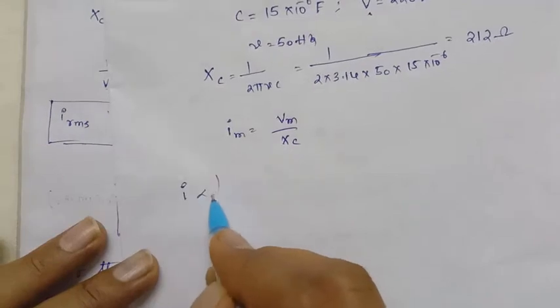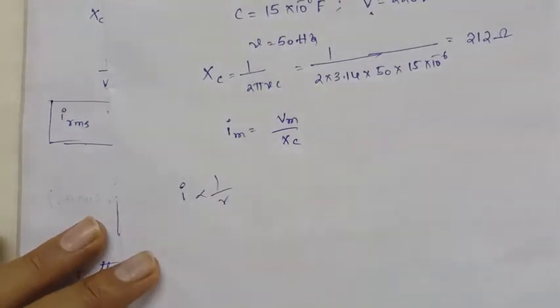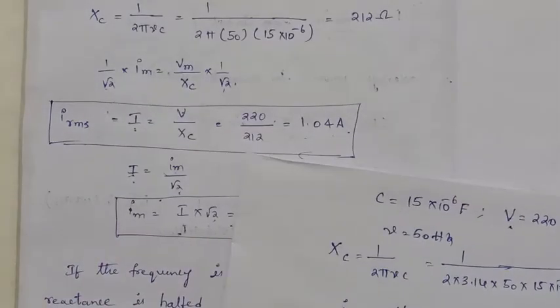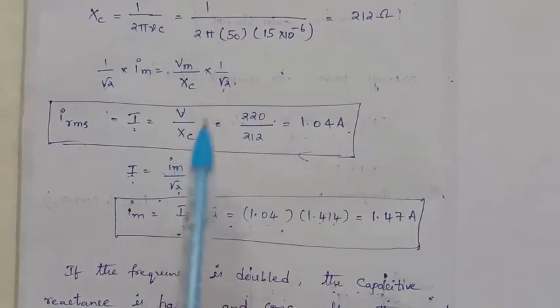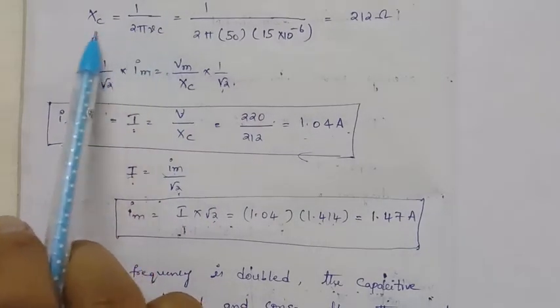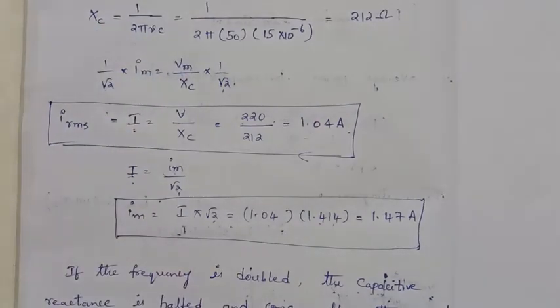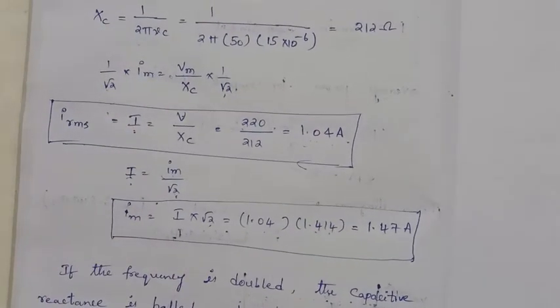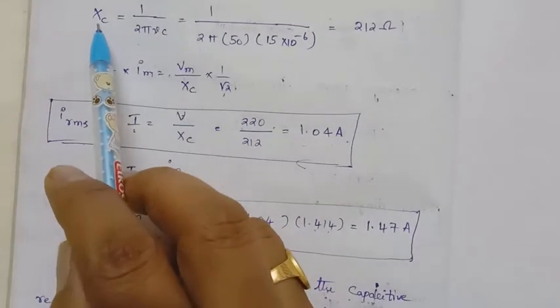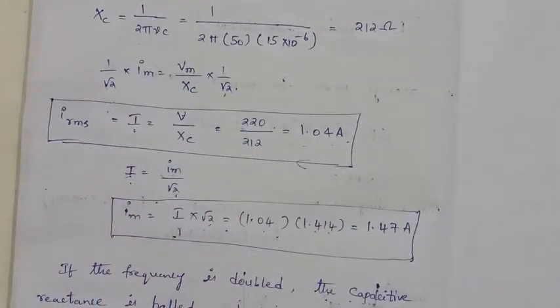Why? Because I is inversely proportional to the reactance. So the frequency is doubled means the reactance is half, and automatically the current will be doubled.